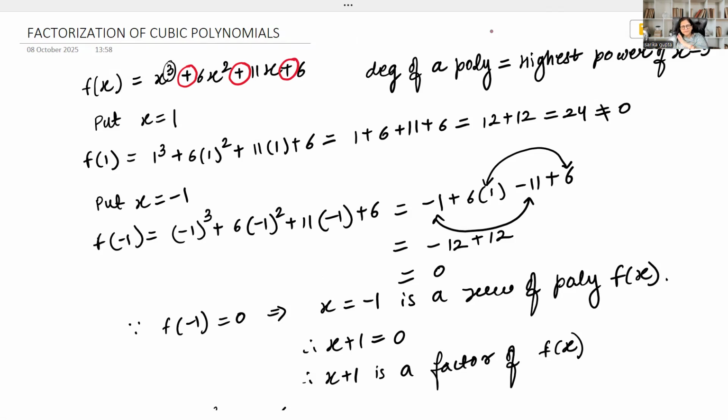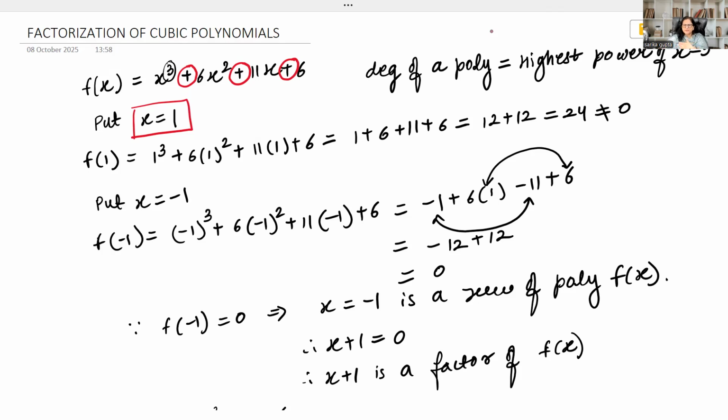When all the signs of the polynomial are positive, then any positive factors x equal to 1, x equal to 2, x equal to 3 will never be able to make this polynomial f of x as 0.